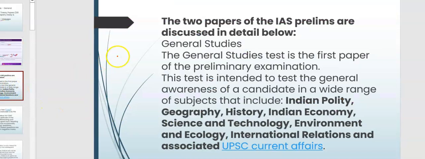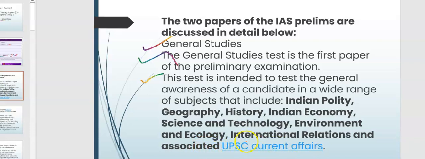Then we move on to the 2 papers of the IAS prelims, which are discussed in detail below. General Studies. The General Studies test is the first paper of the preliminary examination. So for the prelims, the General Studies test is the first paper. The test is intended to test the general awareness of a candidate in a wide range of subjects that include Indian polity, geography, history, Indian economy, science and technology, environment and ecology, international relations and associated UPSC current affairs.